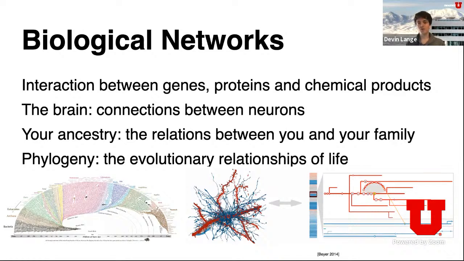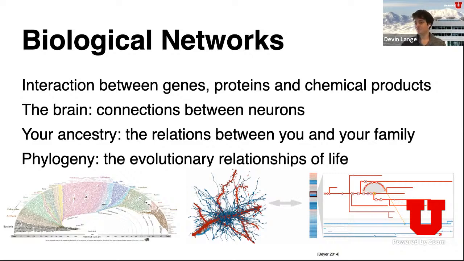If you consider the brain, you can look at how your neurons are connecting, and the graph structure of that. You can also look at your family tree, your history. Utah has this Utah Population Database that tracks everyone's family history since the state's beginning, basically.